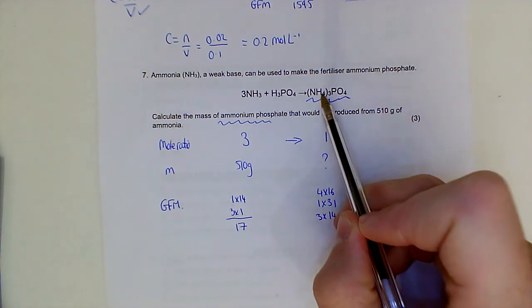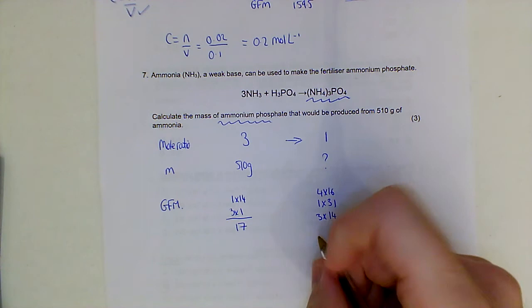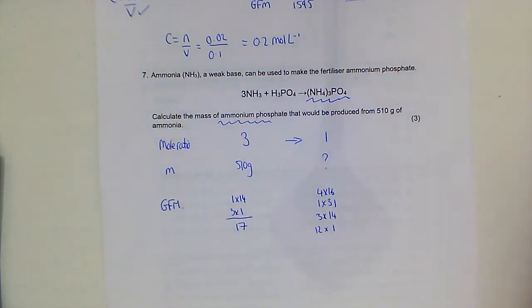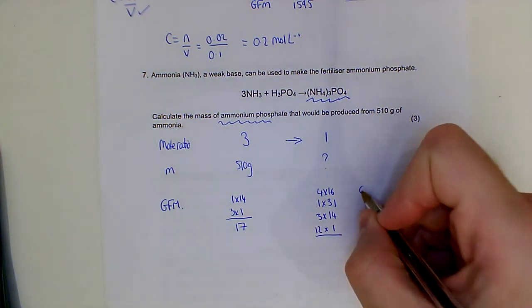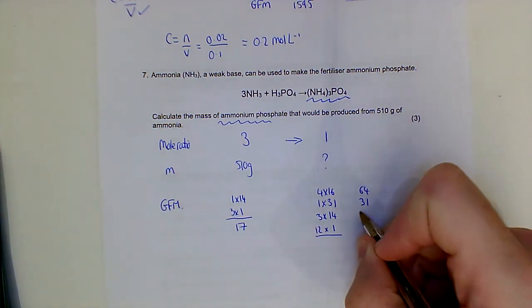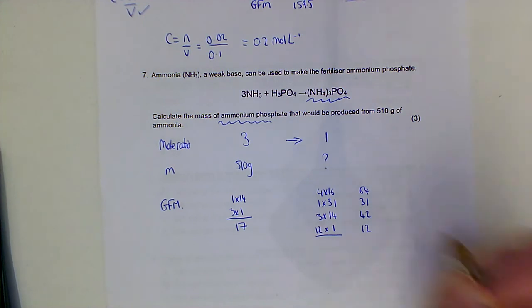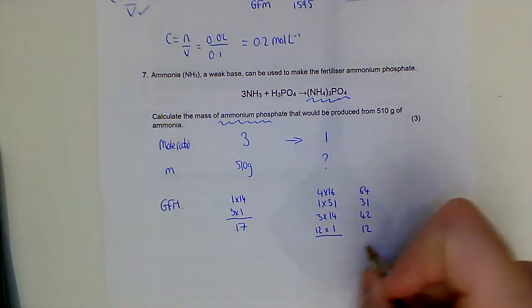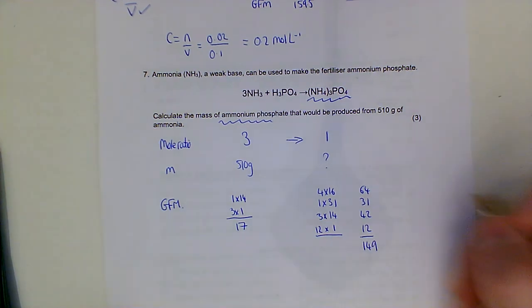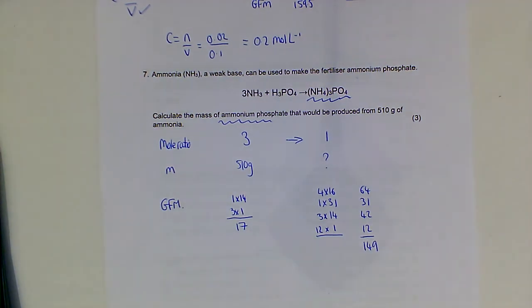And inside the bracket, I have 4 hydrogens multiplied by that 3, it gives me 12, and each hydrogen is 1. So when I add those together, I've got 4 times 16, so sorry, 64, 31, 42, and 12. So when I add those together, 64 plus 31 plus 42 plus 12, that gives me 149 as my GFM. Okay.